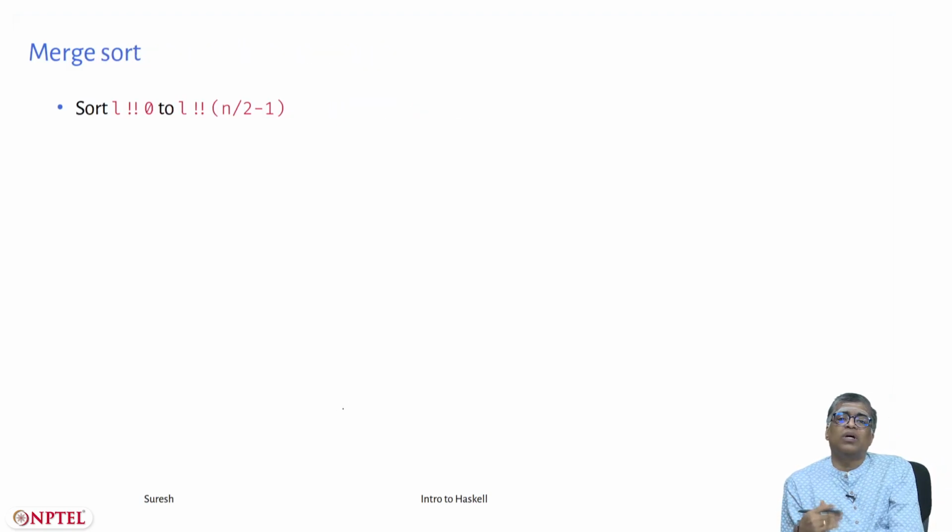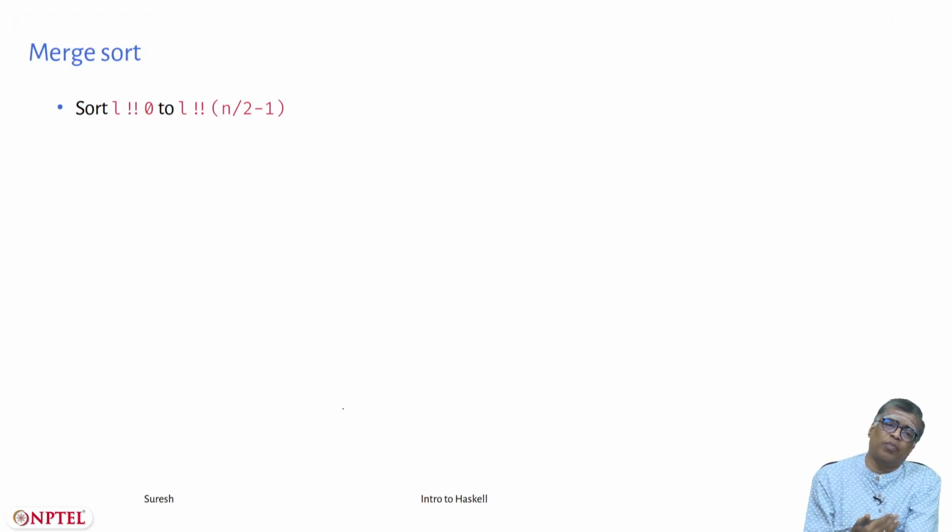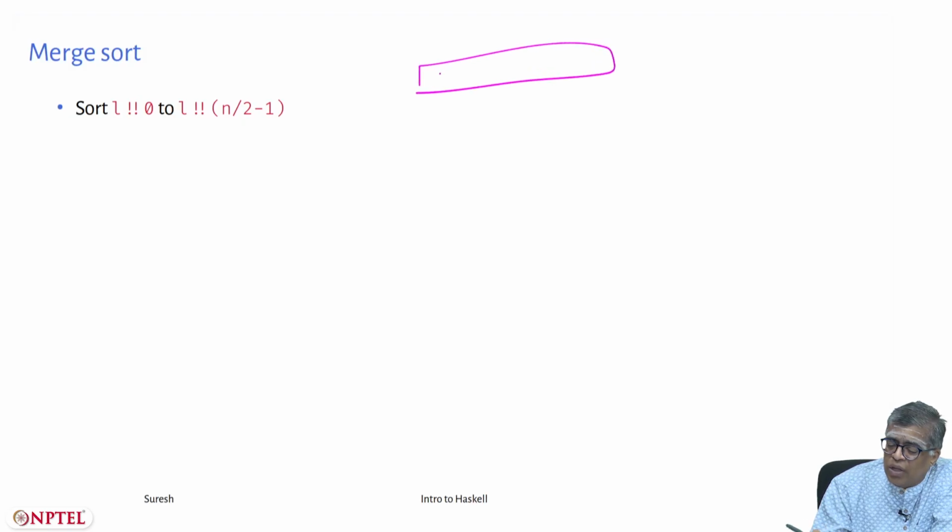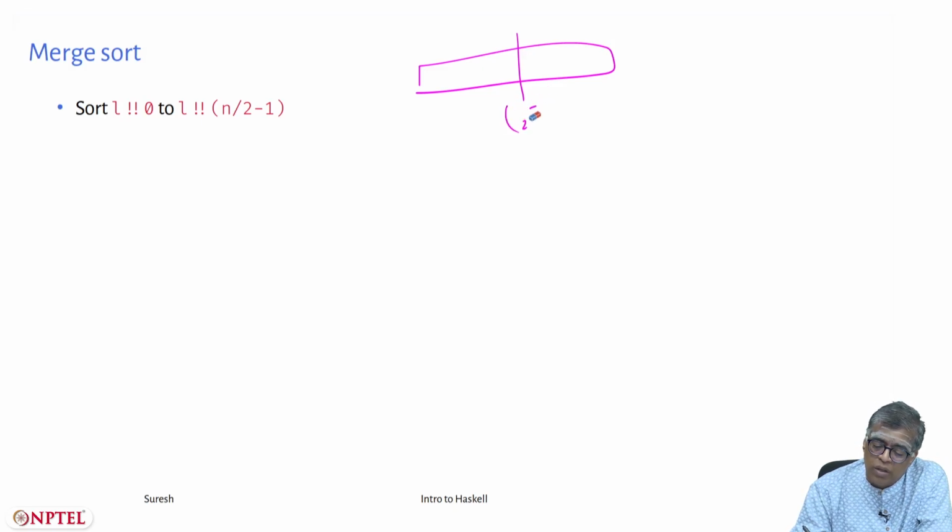For merge sort you need to divide the list into two equal halves. You are given a list L. If the length of the list is n, then let us say this is n by 2 minus 1, the middle.